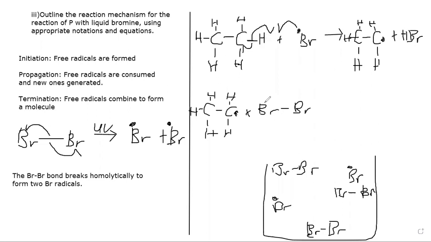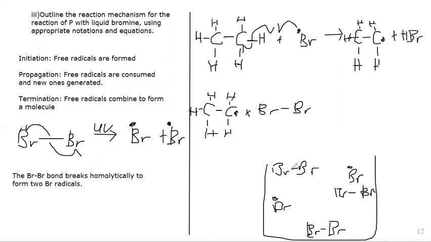Now, if you did not understand fully this mechanism, and you are wondering where this bromine molecule comes from, and we just start out with one here, remember this is just representing the process. If I carry out the reaction, it would be in a container. In that container, you would have a lot of bromine molecules, not just one.